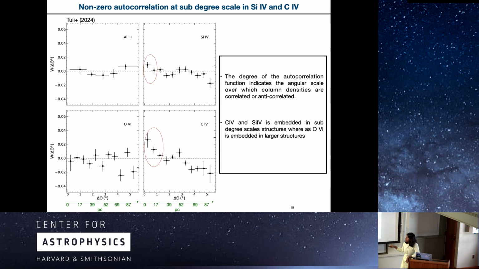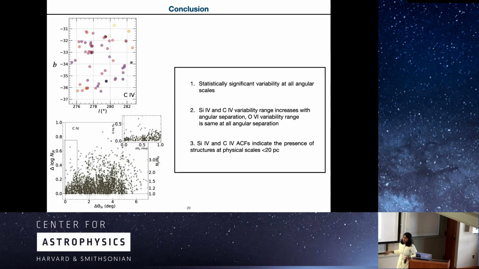Whereas for oxygen-6 at sub-degree scale, there is no autocorrelation present. So this might mean that for oxygen-6 the autocorrelation is on a larger scale. I don't know yet because I haven't explored the whole data set yet. So that's for next. I'll leave my conclusion slide here and take any questions. Thank you.